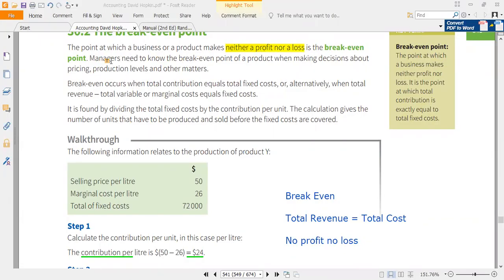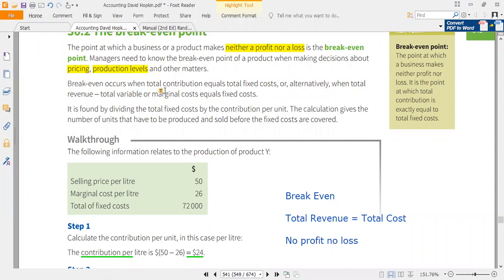Managers need to know the break-even point of a product when making decisions about pricing. Why do they need to know? They need it for pricing, for production level, and other matters.